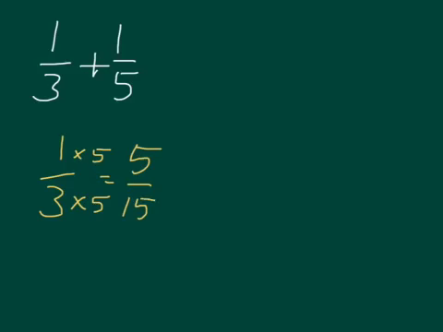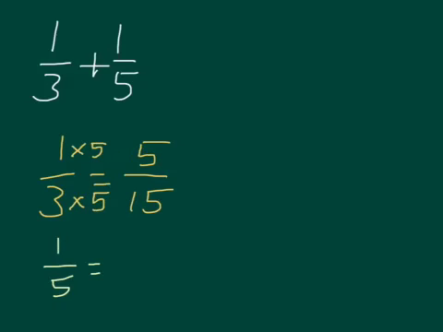5/15. I'm going to change colors. What do we do with the 1/5? Sorry guys, let's make that look like a real 5. All right, that's better. So I already multiplied my third times 5 to get 5/15, and now I need to multiply my 1/5 times 3, and that gives me 3/15.